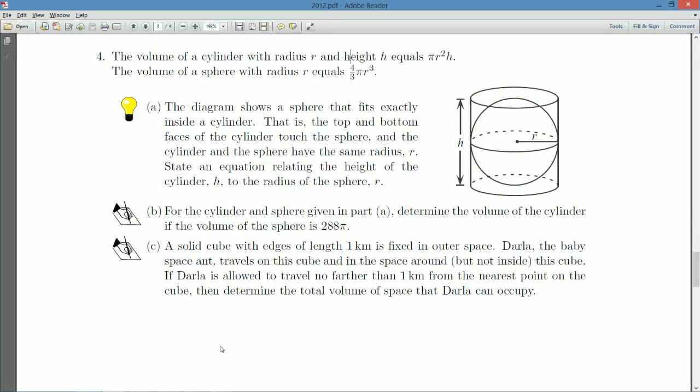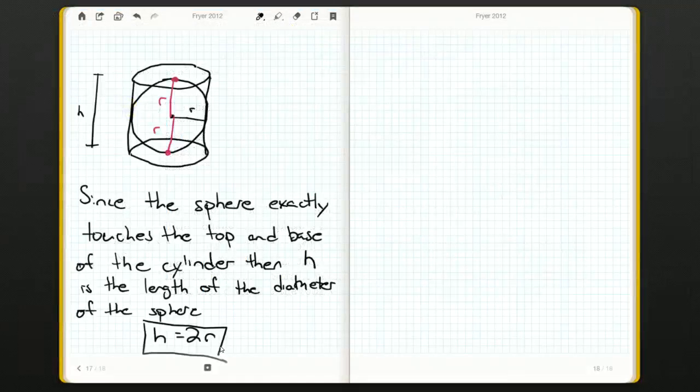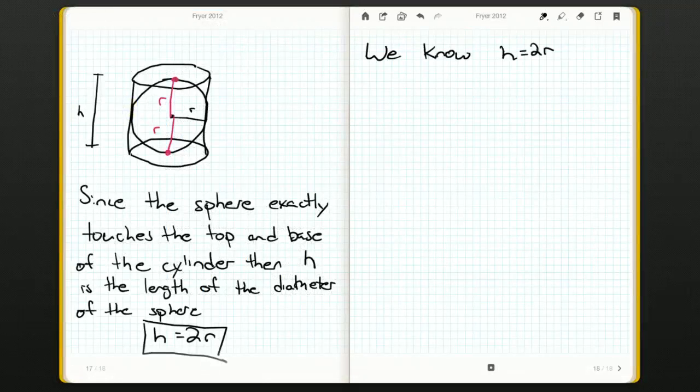Now on to B. For the cylinder and sphere given in part A, determine the volume of the cylinder if the volume of the sphere is 288 pi. Well, what did we just learn? We learned that h is 2r.